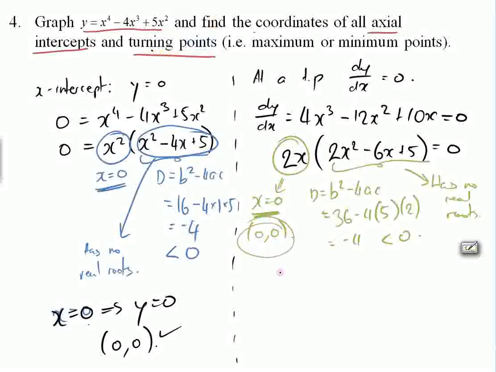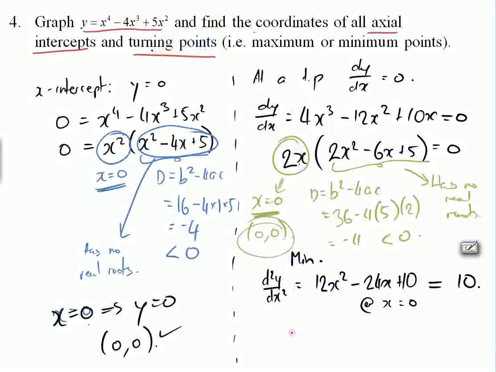We can do a second derivative test, which I believe you covered in secondary 4. d squared y over dx squared is equal to 12x squared minus 24x plus 10, and then you just substitute in x equals 0, and you find that d squared y over dx squared at x equals 0 is equal to 10. So it's positive, so this is going to be a minimum.